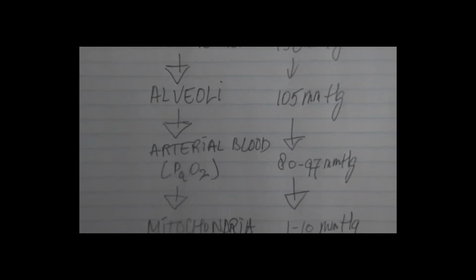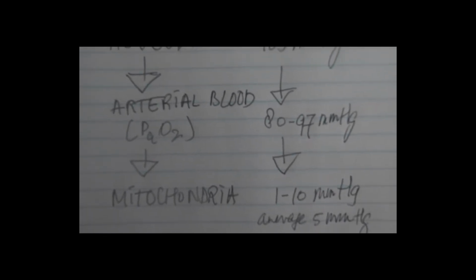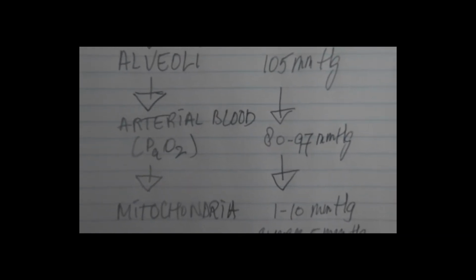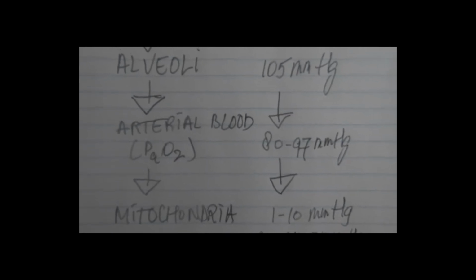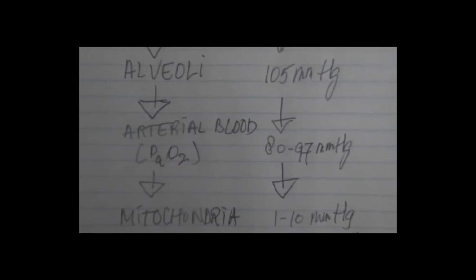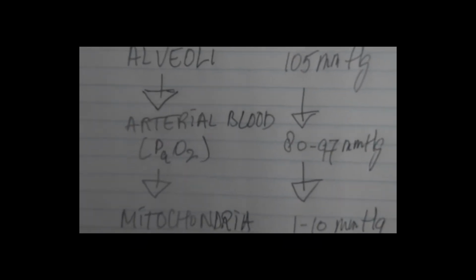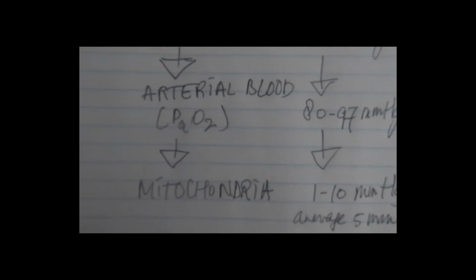Alright, so we go to 105, and then the arterial oxygen levels will be about 80 to 97. So it tends to drop as we get older. There's a little formula, I think it's 109 minus 0.43 times your age, and then you get a number. I don't know how well that formula works. You can usually take a blood gas and see what it really is.